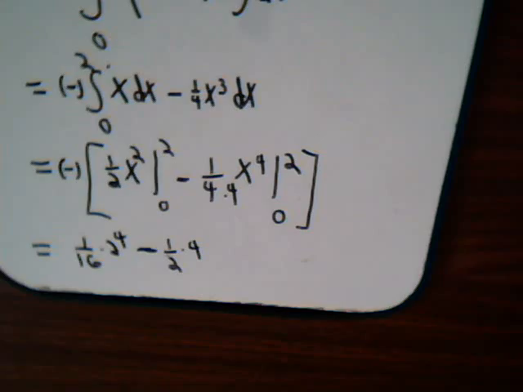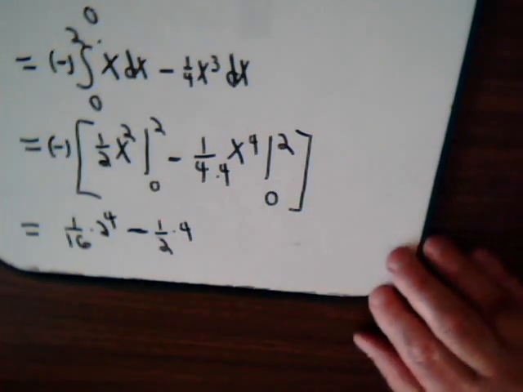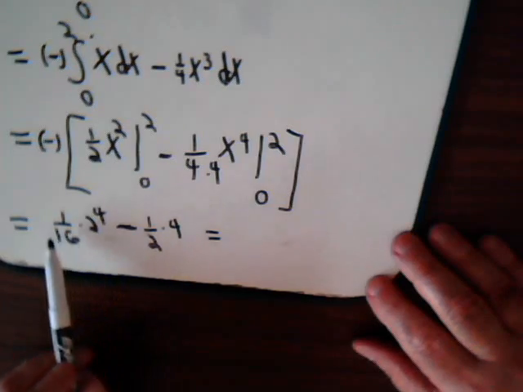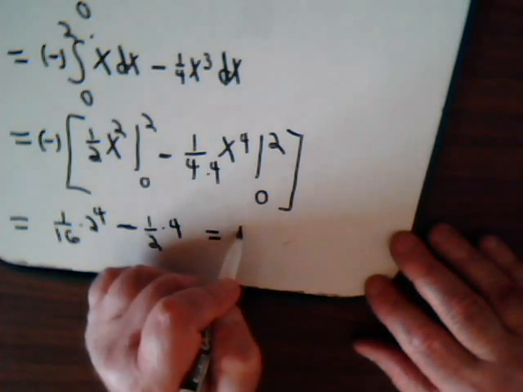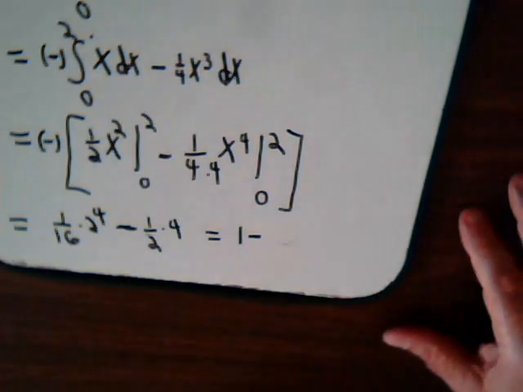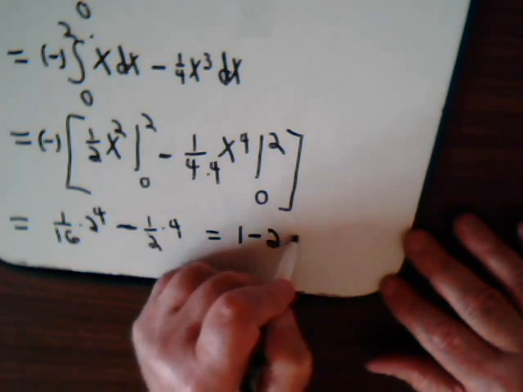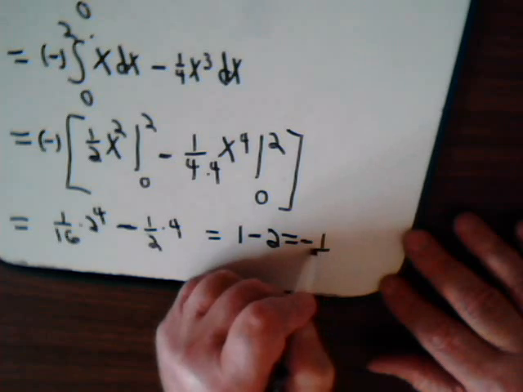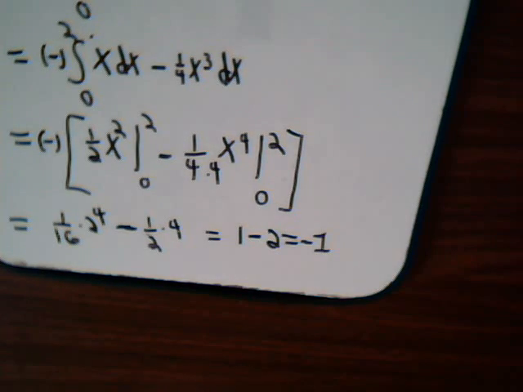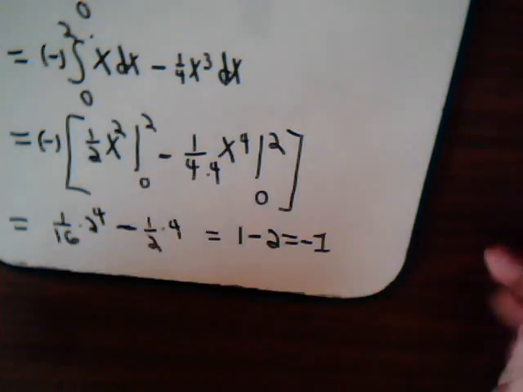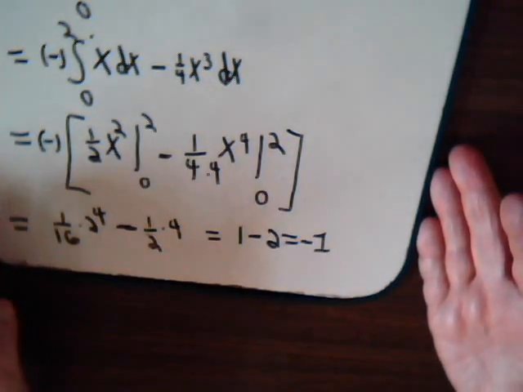So here, this will equal 16 divided by 16 is 1, minus 4 divided by 2 is 2. 1 minus 2 equals -1. And again, that's the same answer we had when we did the line integral.